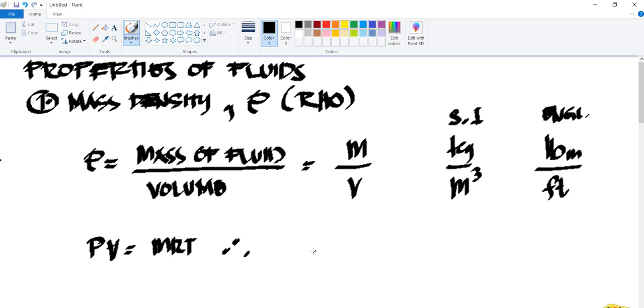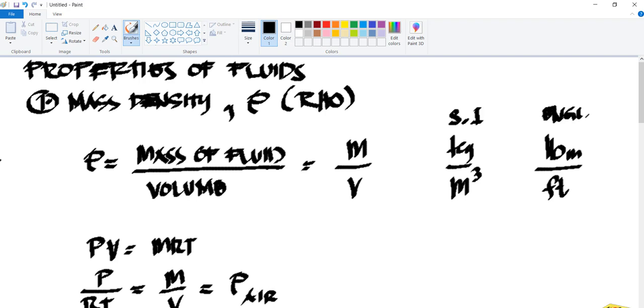You need to equate and derive your equation like this. So that will be P divided by RT, which equals mass over volume, which is equal to the density of your air. So this is for your air properties.